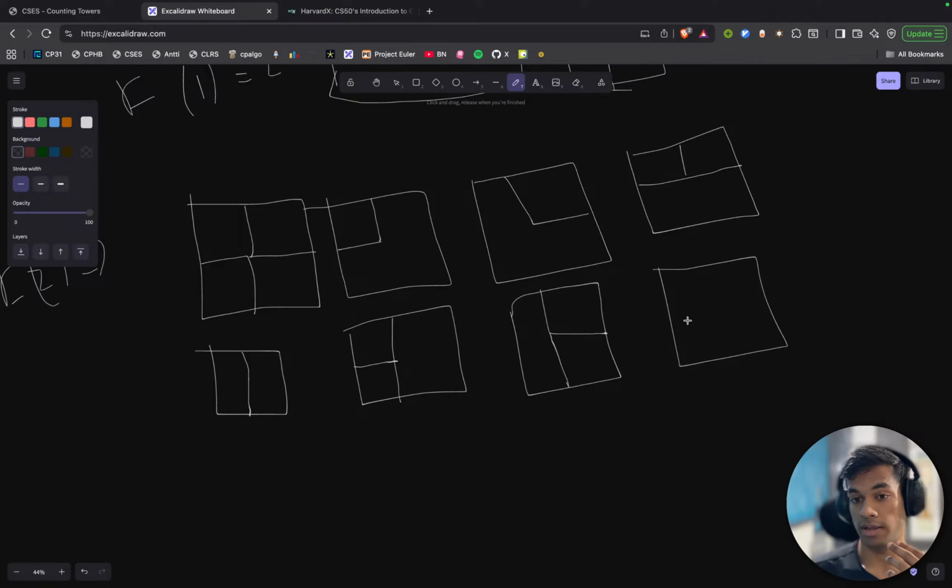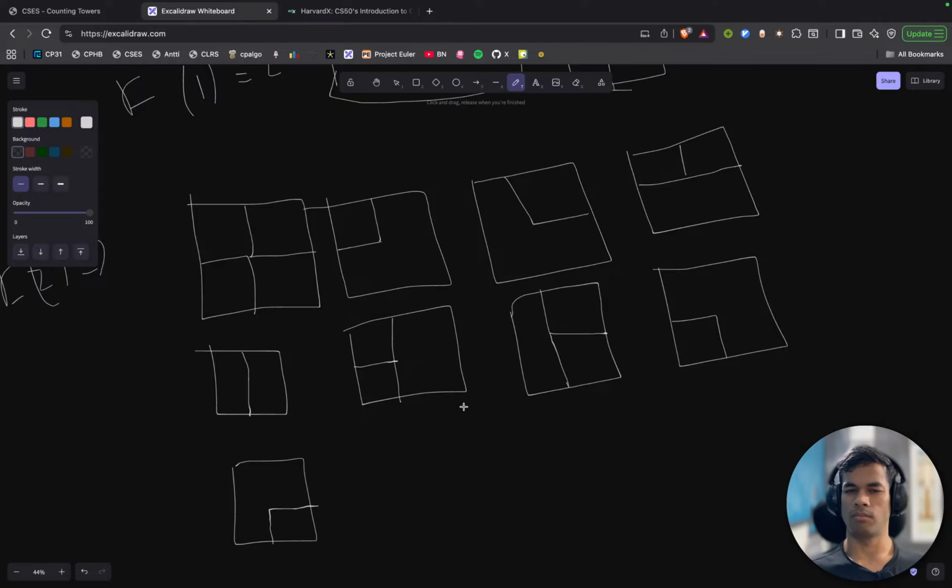If we do not put a line there, then we could go with this, or we could go with, wait, we cannot go with this, because these are blocks. We cannot have something like this.